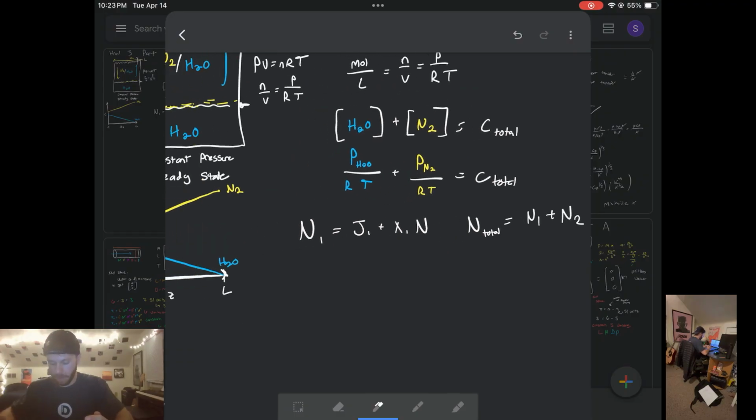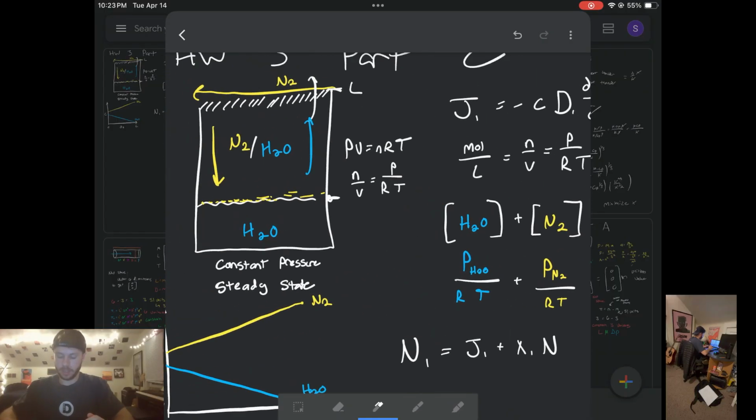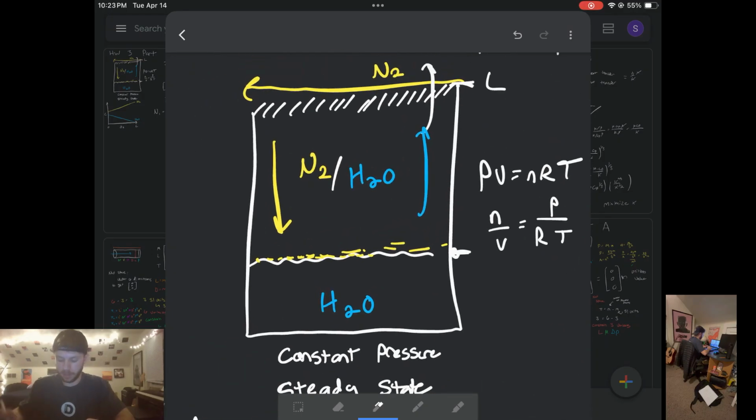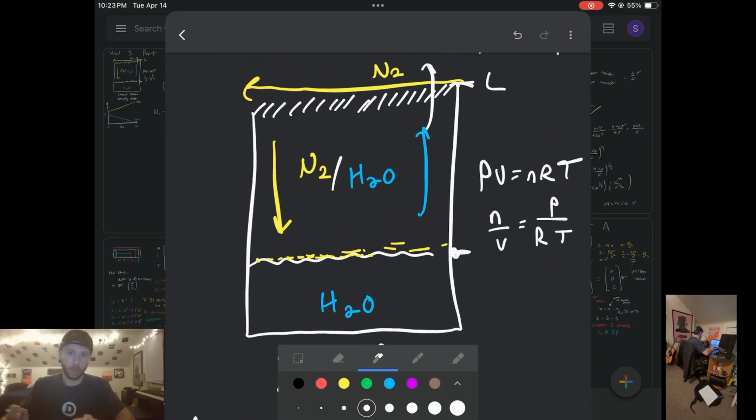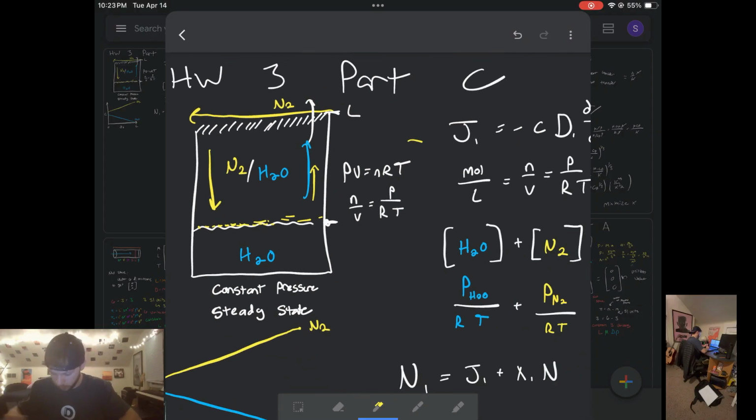Now, because the nitrogen can't get past the water, won't turn into a water phase, it needs to somehow counteract the upward flowing water vapor, so it will flow up as well in the positive z direction.